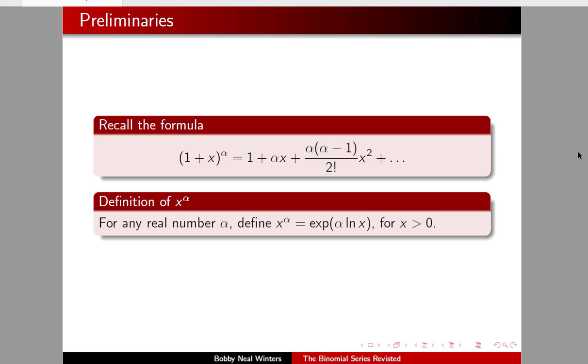Let's define now what we mean by x to the alpha power. For any real number alpha, define x to the alpha to be equal to the exponential of alpha times the natural log of x, whenever x is a positive number, because natural log of x does not have a definition for anything but a positive number at this point in your mathematical career.